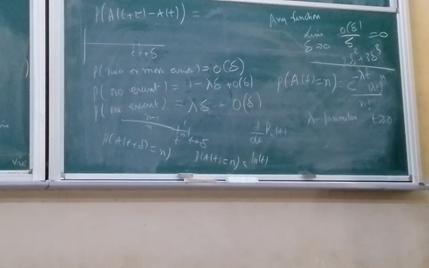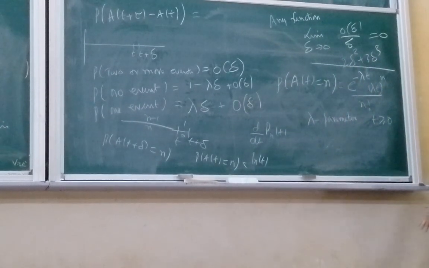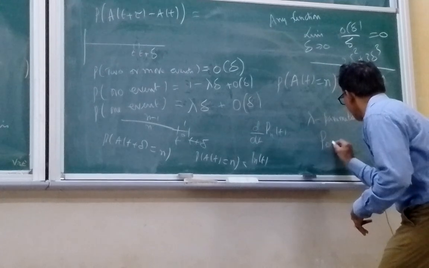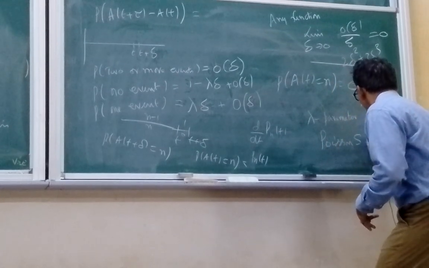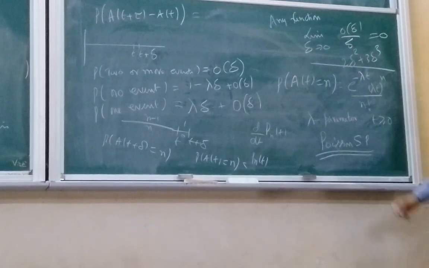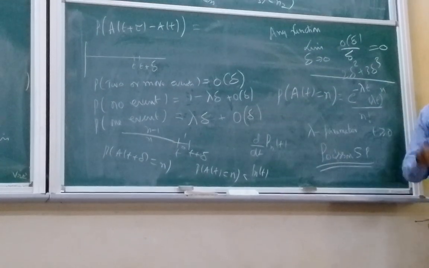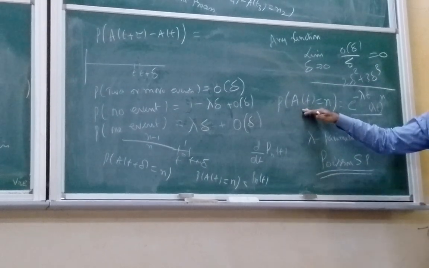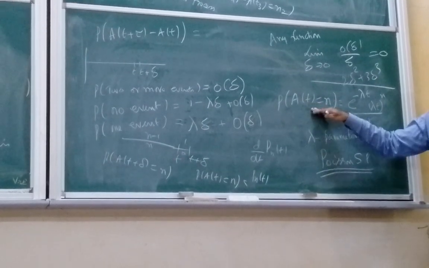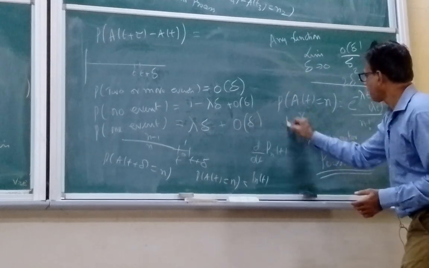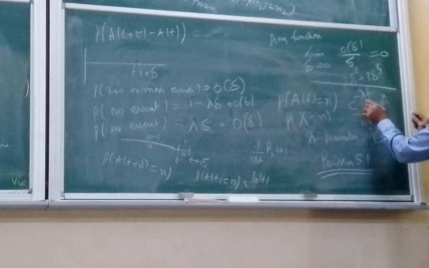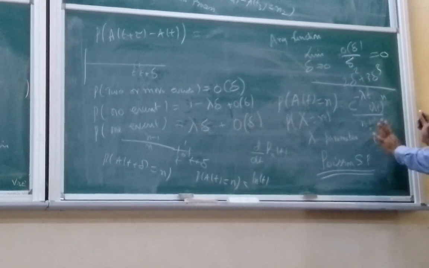And this stochastic process is called what? Poisson stochastic process. If you fix t, then it becomes a Poisson random variable. In a Poisson random variable, the probability that X equals n is given by the formula e power of minus lambda, lambda power n by n factorial.